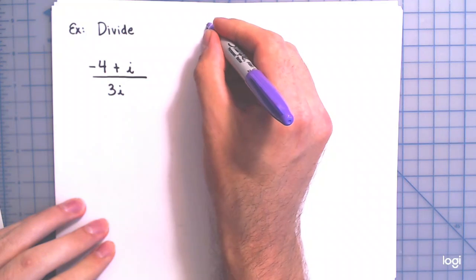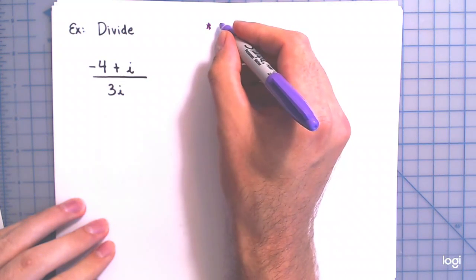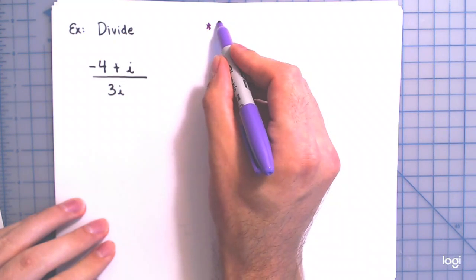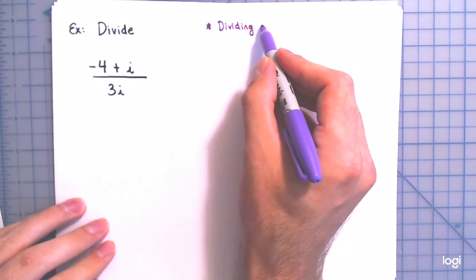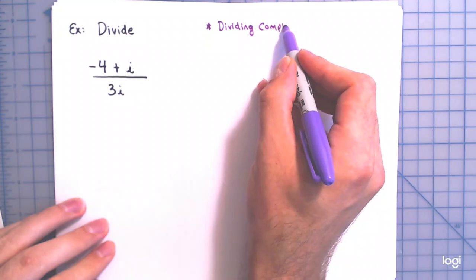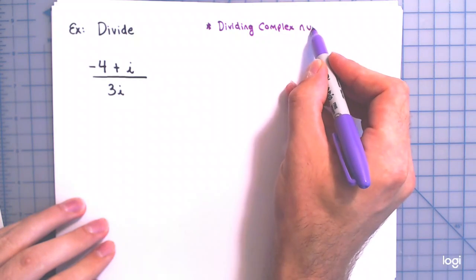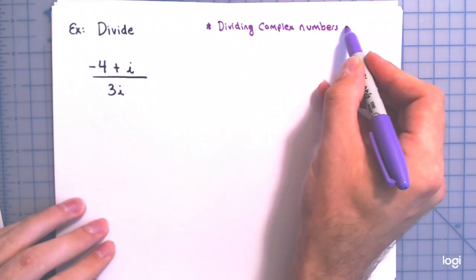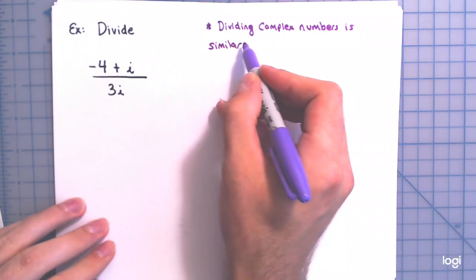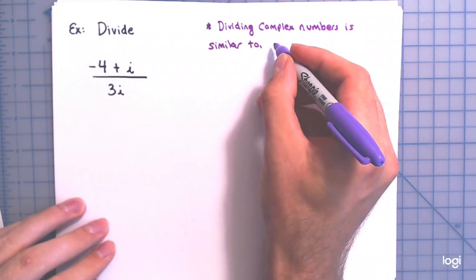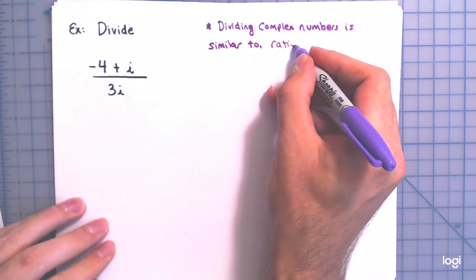And as I mentioned, we're going to see that dividing complex numbers is similar to rationalizing denominators.